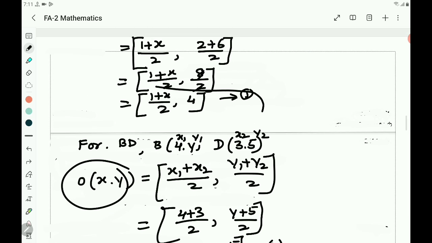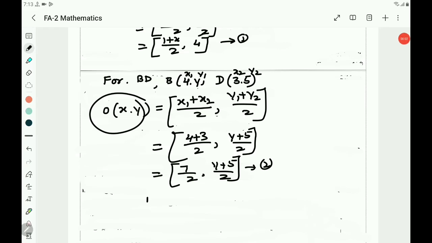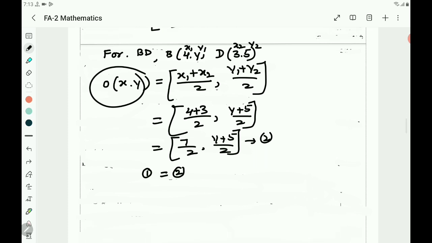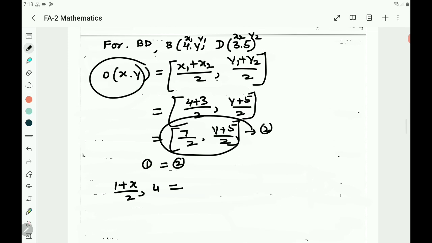And the same O(x, y) is also equal to ((1 plus x) by 2, 4). Equate them, first and second, or first equals second. Both of them are the coordinates of the point O(x, y). Then you write ((1 plus x) by 2, 4) equals (7 by 2, (y plus 5) by 2).